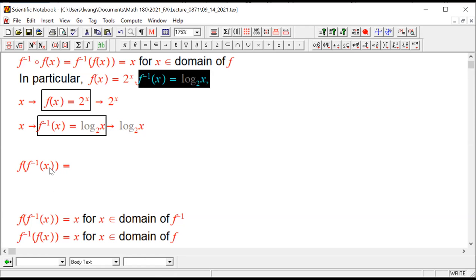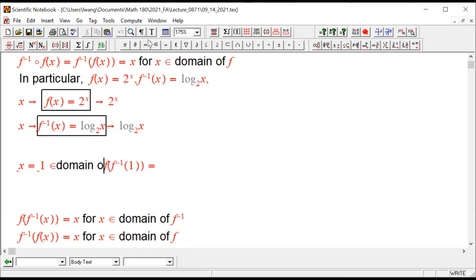So let's do some simple numbers first. I'm going to choose 1. So X equals 1. It's in the domain of F inverse, which is this guy.